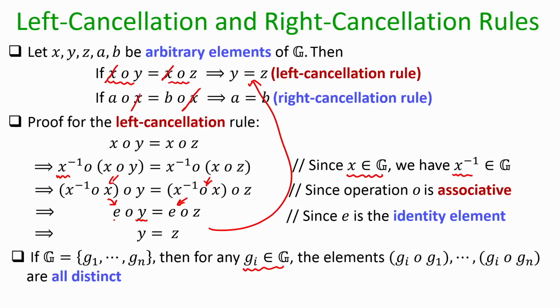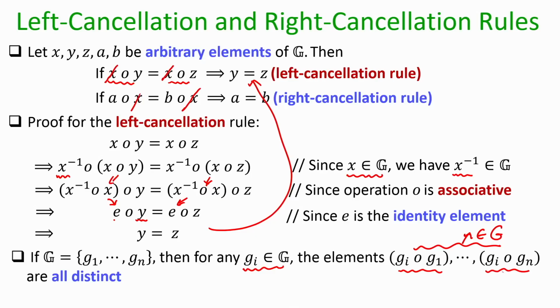Now, if you perform the group operation on g i and various elements of the group, say g i and g 1, g i and g 2, g i and g n, of course, from the closure property all of them will be elements of the group itself, right, because g i is an element of the group, g 1 is an element of the group. So, the result that I will obtain by performing the group operation will be a member of the group.